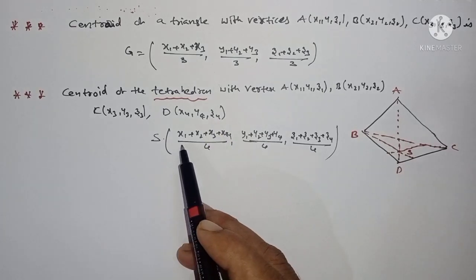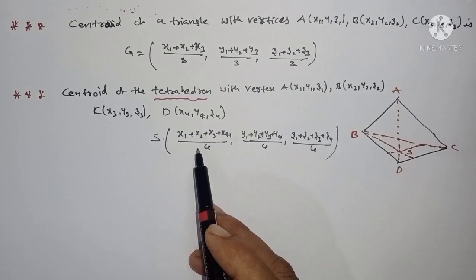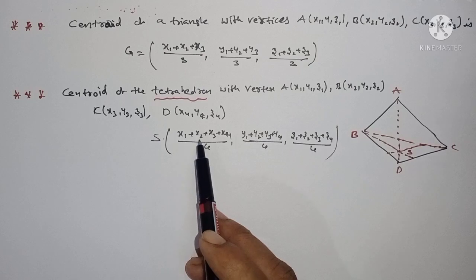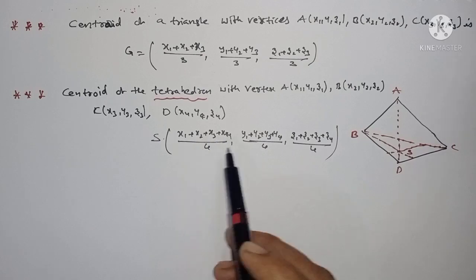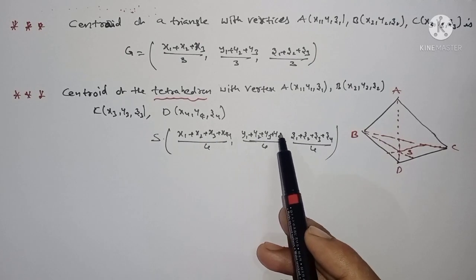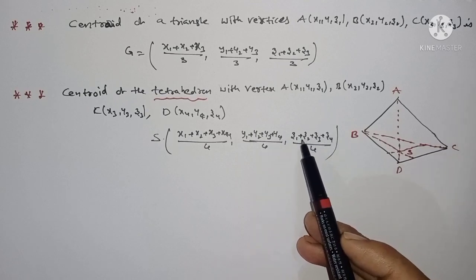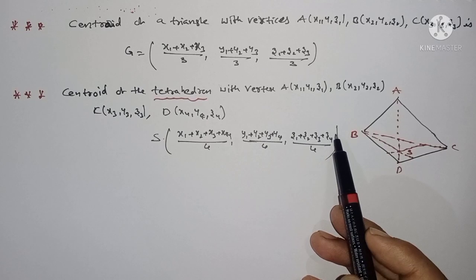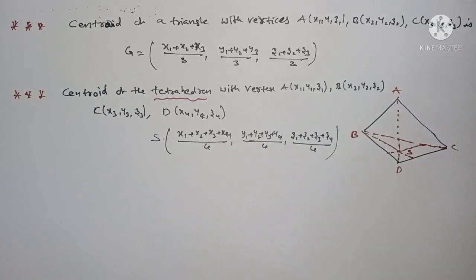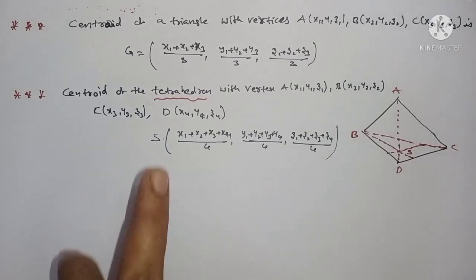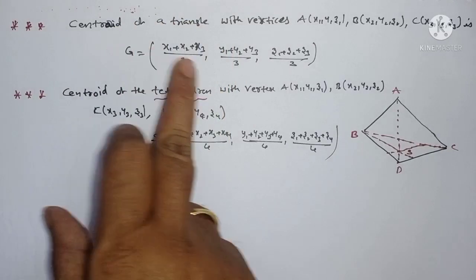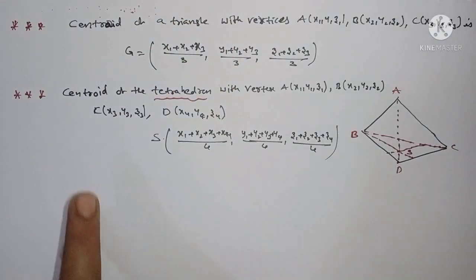Then the centroid S is equal to (x1 plus x2 plus x3 plus x4) by 4, (y1 plus y2 plus y3 plus y4) by 4, (z1 plus z2 plus z3 plus z4) by 4. This is the new concept, the tetrahedron formula. The centroid is simple, it just means adding the 4 coordinates.